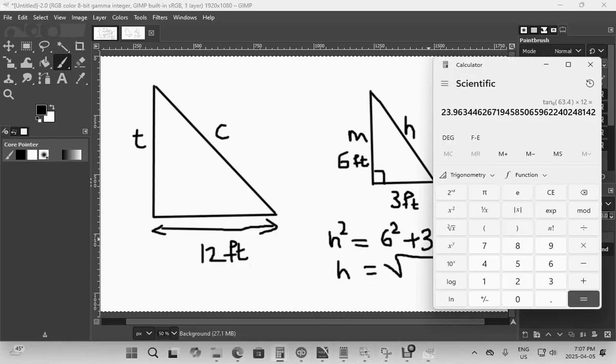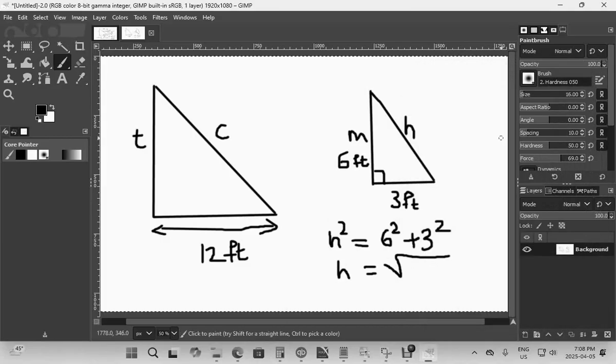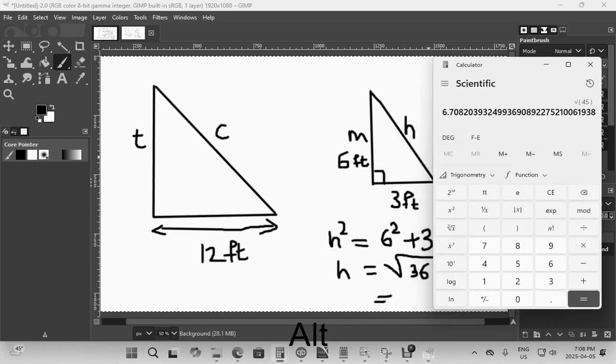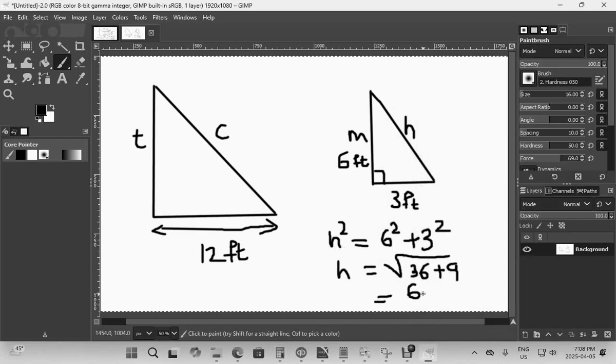This will be 36 plus 9, 45, and the square root of 45 is 6.708 or 6.71. So this is 6.71.